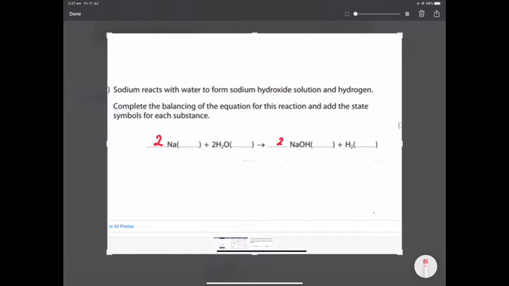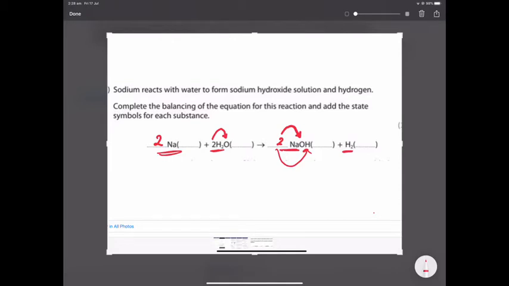Let's now look at the oxygens. 2 oxygens, and here we've also got 2 oxygens. Okay, so final check: 2 sodium, 2 sodium. 2 times 2 is 4 hydrogen, 2 plus another 2 is 4 hydrogen, and then 2 oxygen and 2 oxygen.